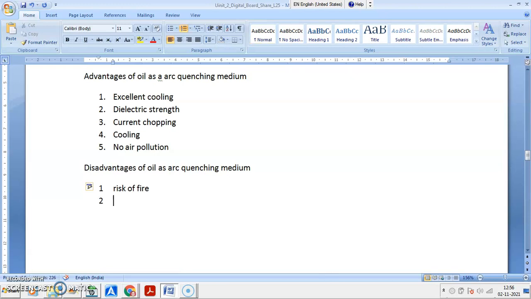Then you may have decomposition products. Then explosion may occur because of heavy pressure. Explosion may occur if you are not able to maintain the pressure. Then it is a hydrocarbon, so carbonization is a byproduct. Carbonization is there.